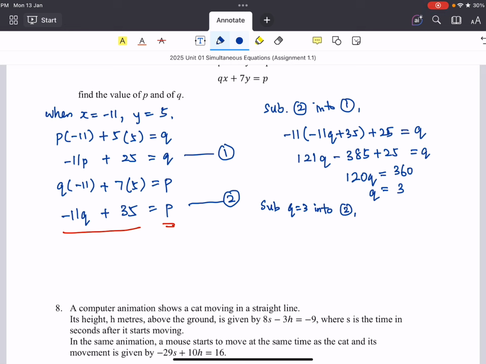So that will give us p equals negative 11 times 3 plus 35, which gives us 2. Therefore, solution, oh no, in this case it's not a solution. They just ask us to find the value of p and q. Therefore, p equals 2, q equals 3. There we go.